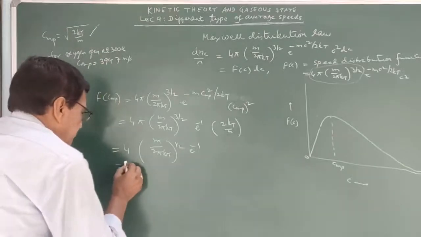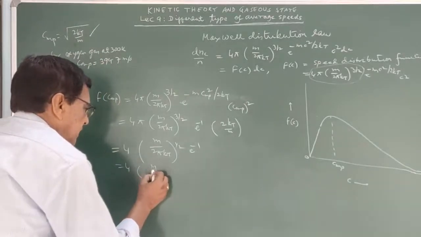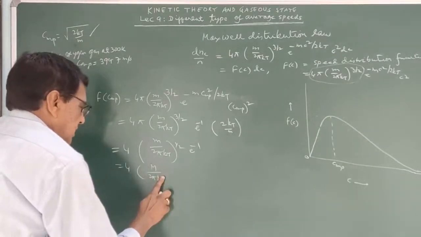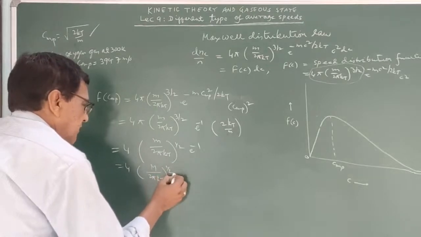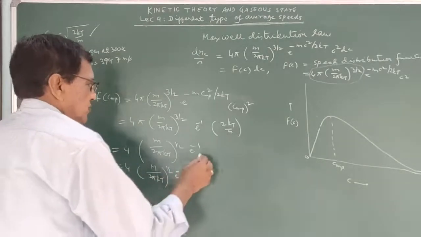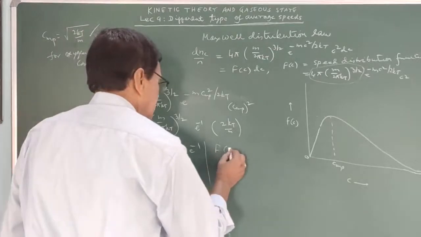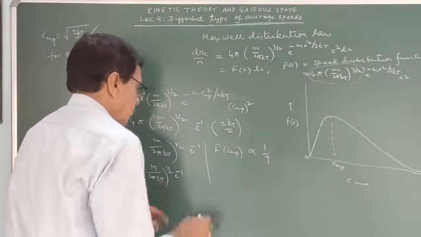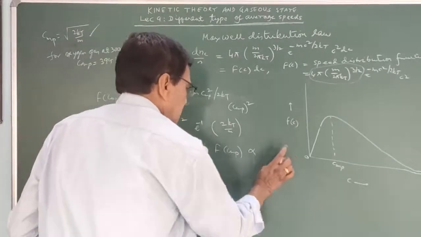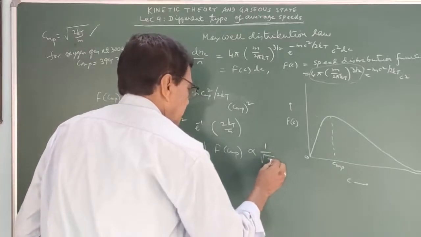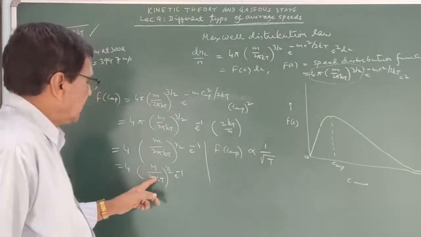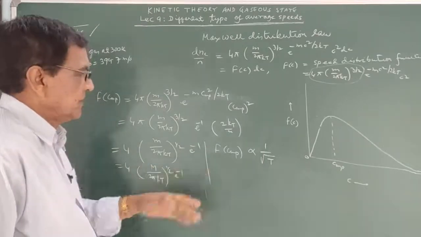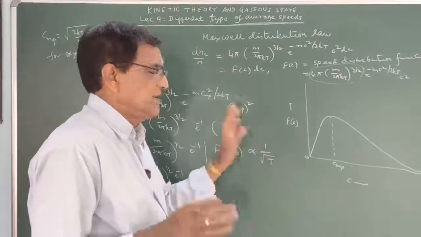Or we can write this as 4 into capital M divided by twice pi RT to the power half, e to the power minus 1. So it is saying that this f(C_MP) is proportional to 1 by root over T. Keeping M fixed for a particular gas, this f(C_MP) is decreasing with rising temperature.